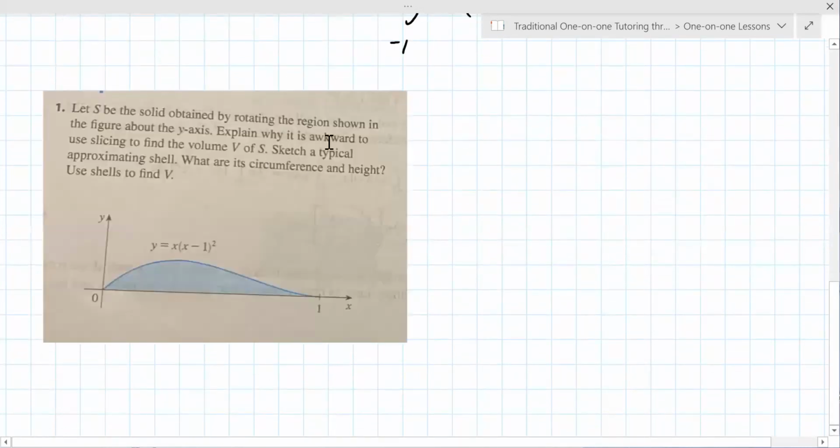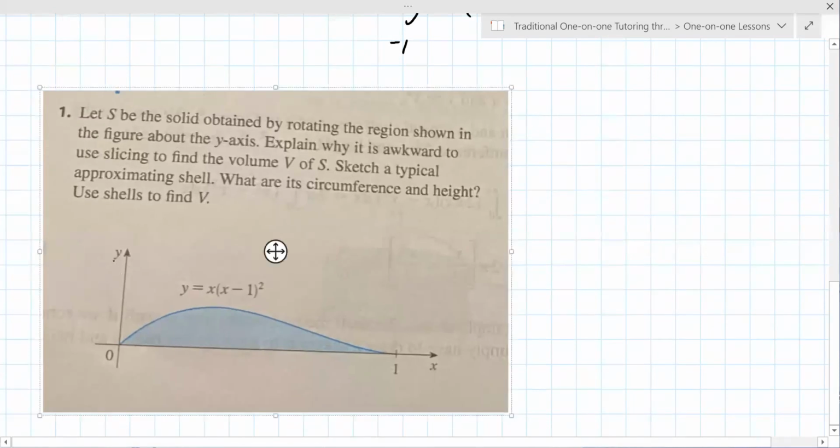Okay, so it says let S be the solid obtained by rotating the region shown in the figure about the y-axis. So we're revolving it around the y-axis over here, and they want you to explain why it is awkward to do the slicing.